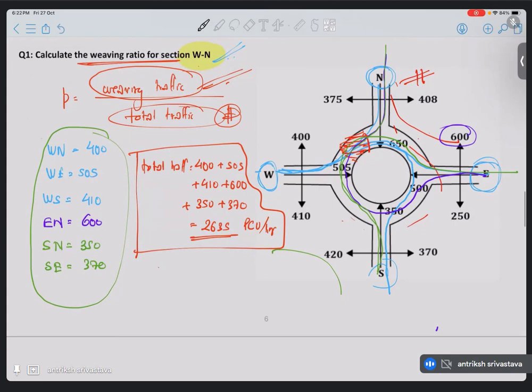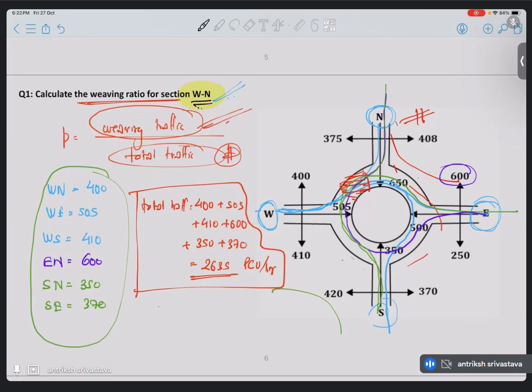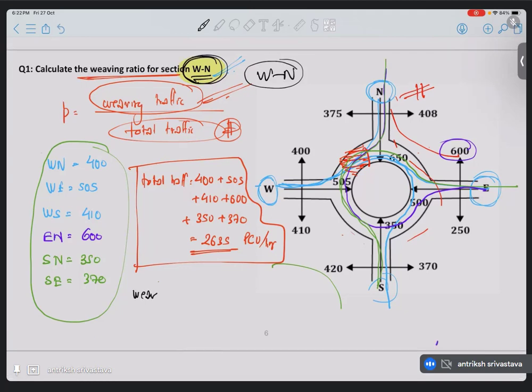I don't remember which video, but a very nice trick that the professor told: if we are looking at the weave section, or the weave ratio, between west to north, then weave traffic is going to be all the traffic from west except traffic going from west to north.